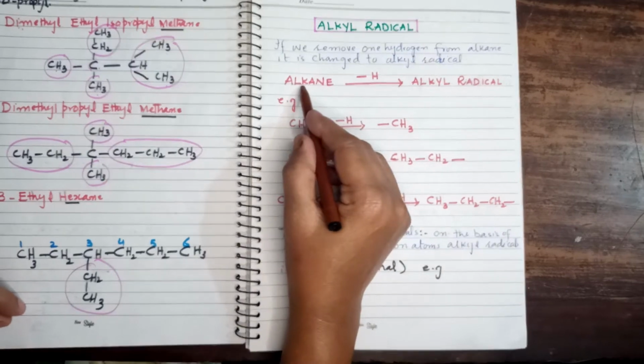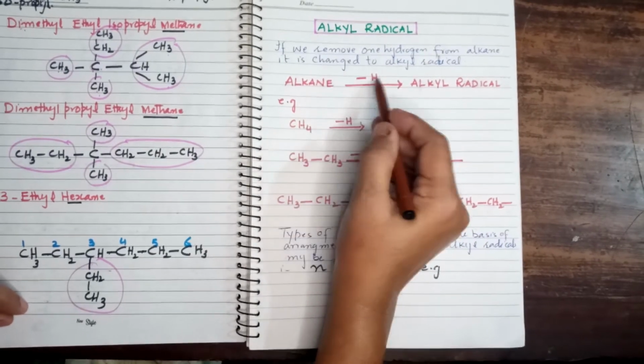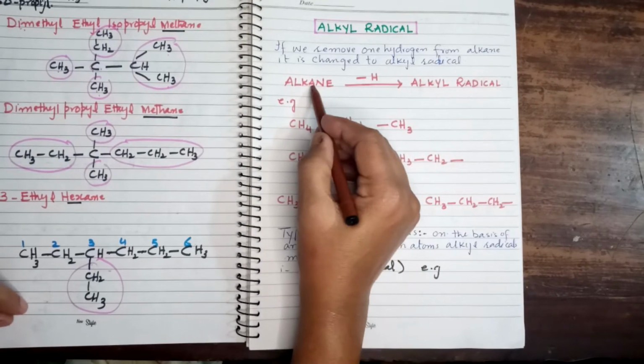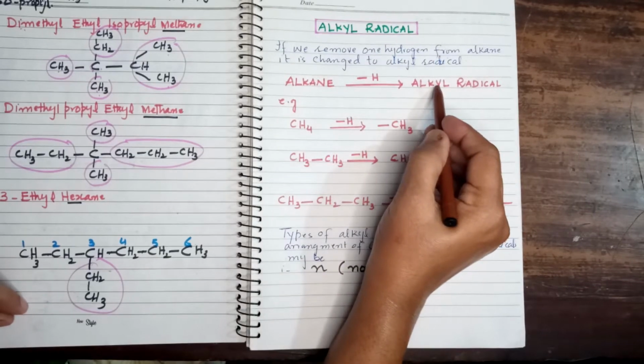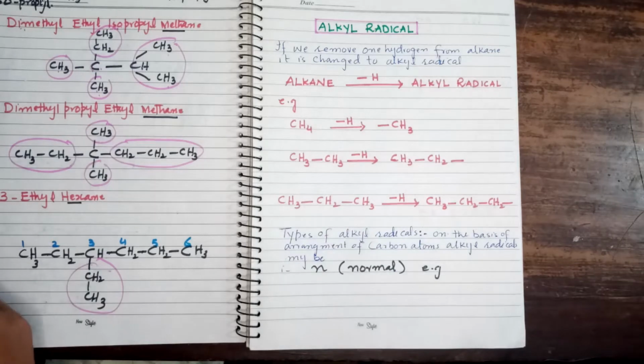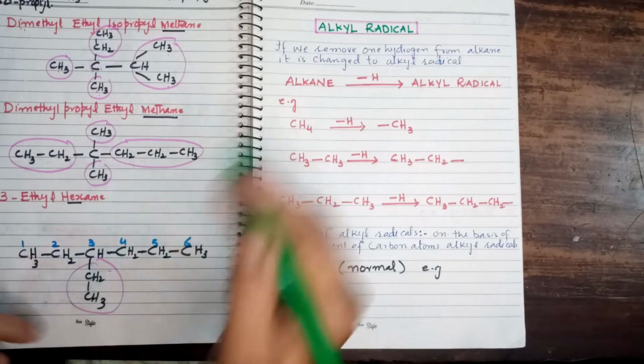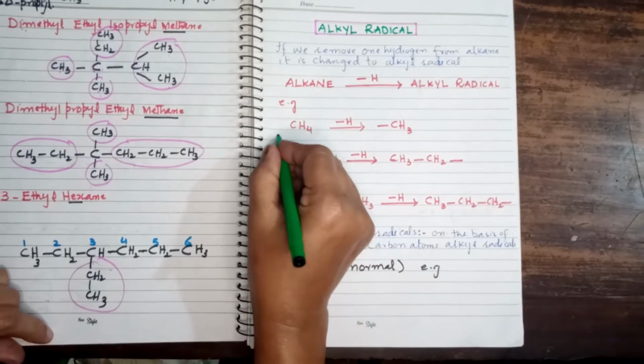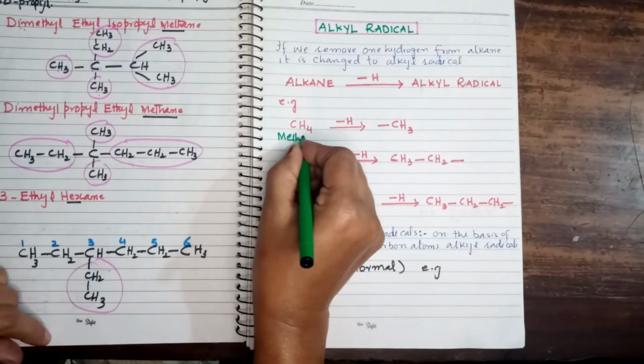If we remove one hydrogen from any alkane, after the loss of one hydrogen, the alkane changes to the corresponding alkyl radical. For example, this is methane, CH4.